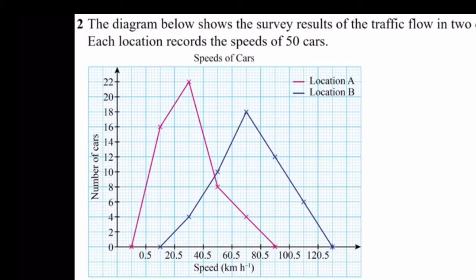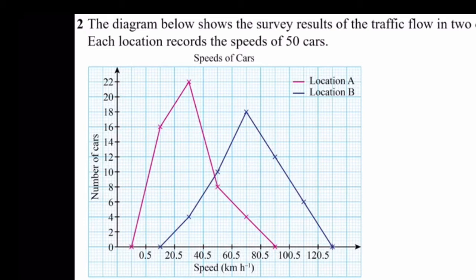The speed of the car is higher, and the number of cars having the higher speed is actually quite high, even though it's less than 22. It seems like it's 18, but the speed is higher, you see.